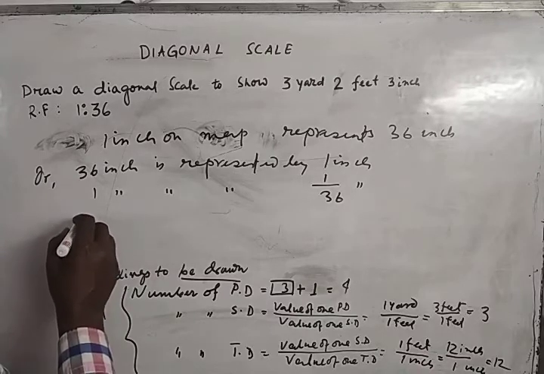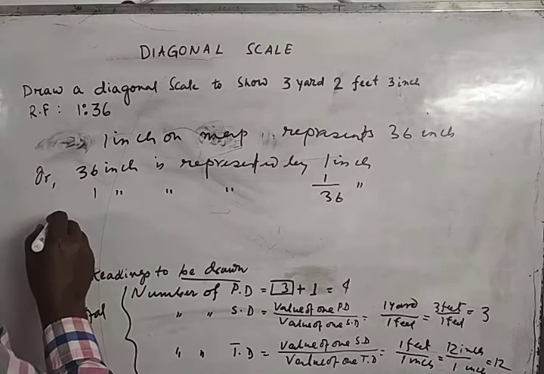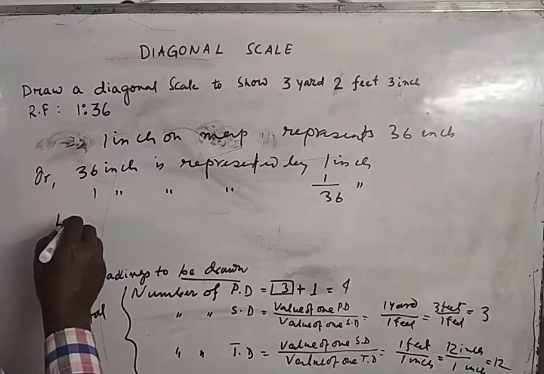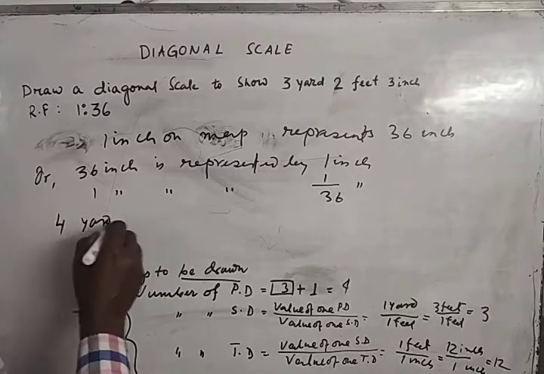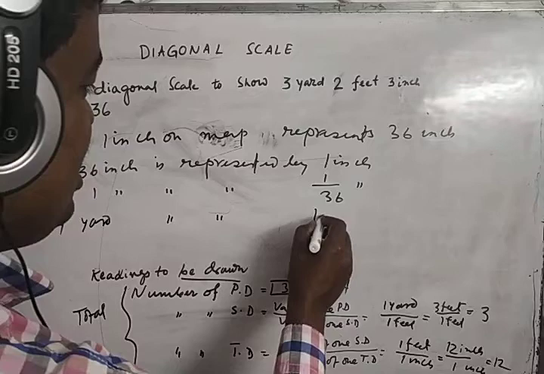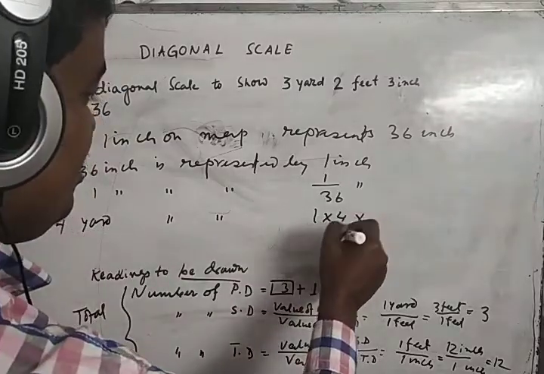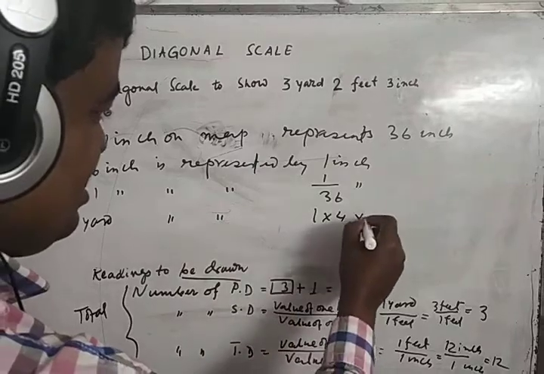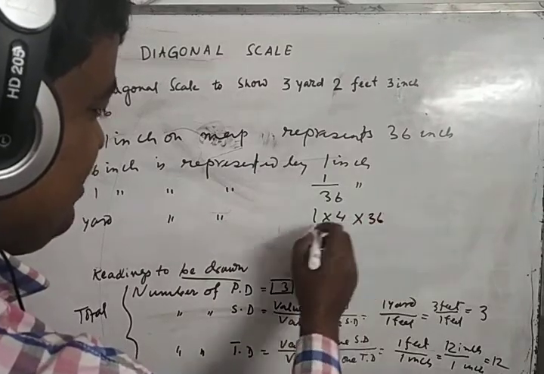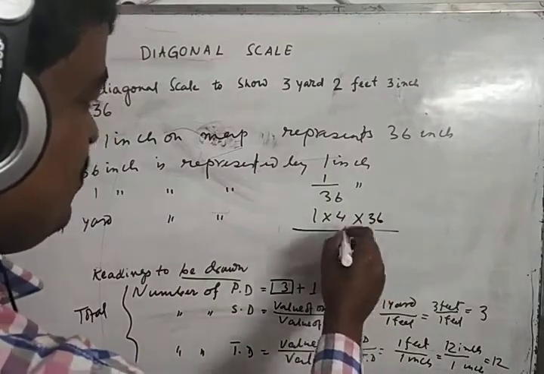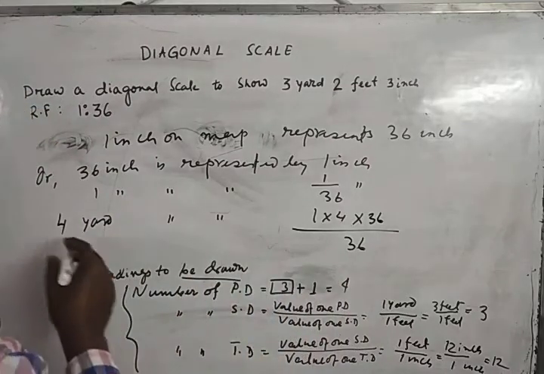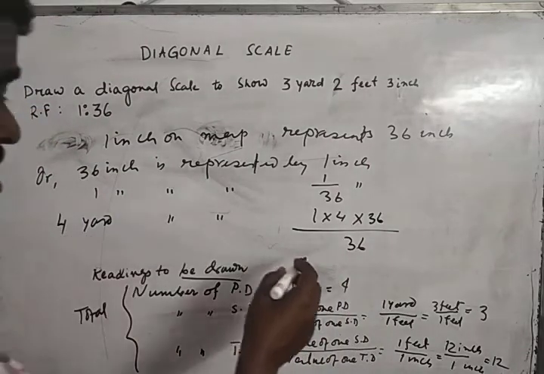Total division was 4. So 4 yards is represented by 1 into 4. Here it is 4 yards, so definitely yard has to be converted to inch. If we multiply by 36, it will be 4 into 36, because 1 yard is equal to 36 inch.